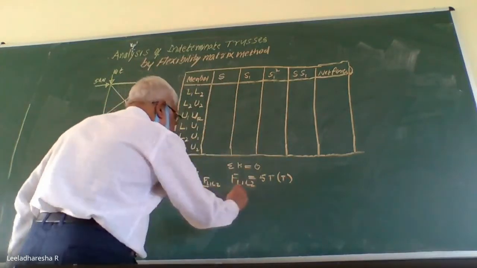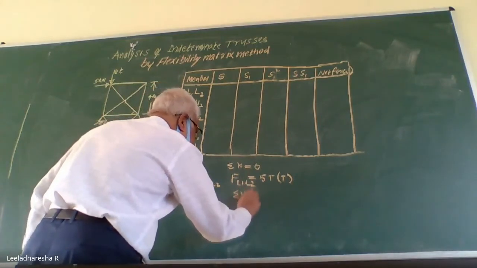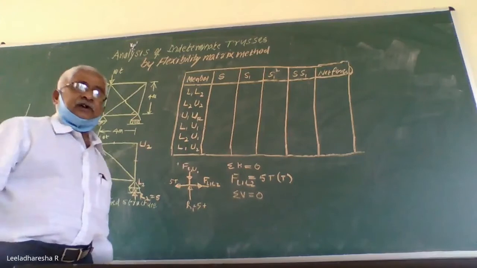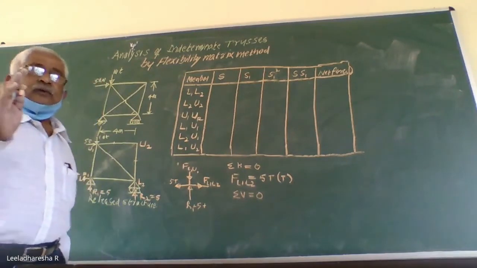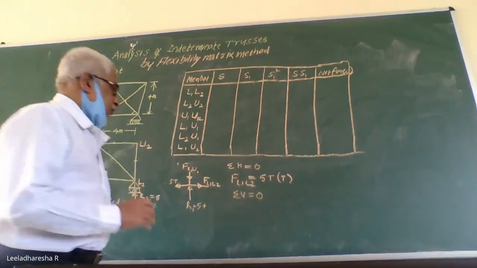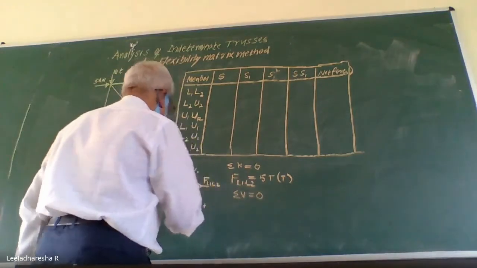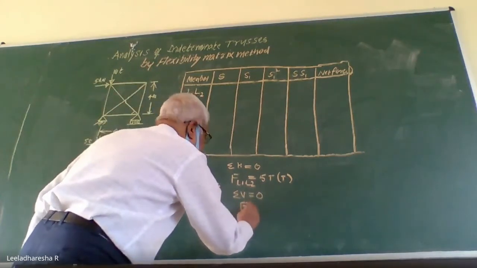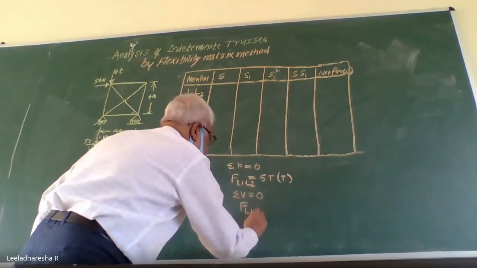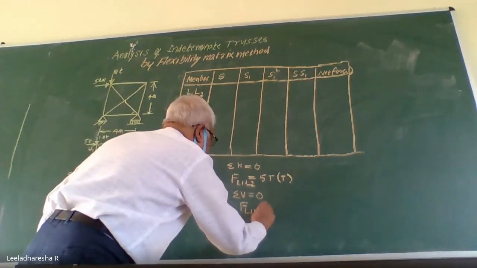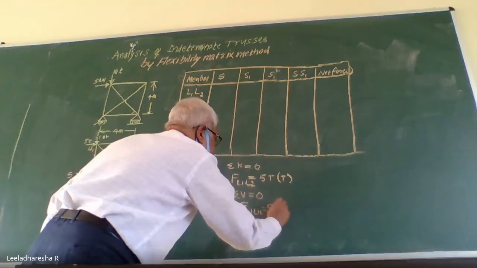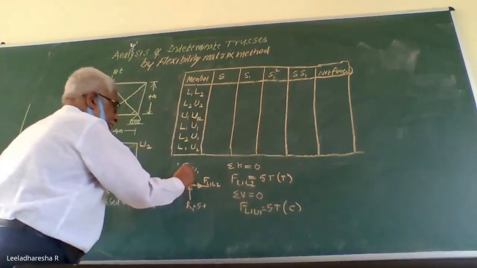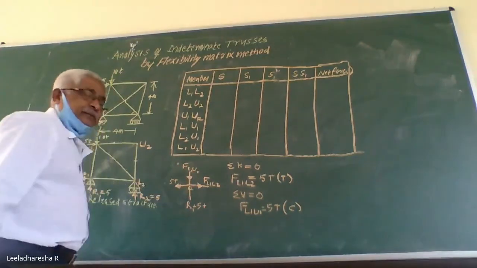Again, equate sigma V to 0: resolve all forces in the vertical direction and equate sigma V to 0. So if you equate sigma V to 0, the downward force, that is F L1 U1, is equal to once again 5 tons, and it is compression. See, it is moving into the joint.